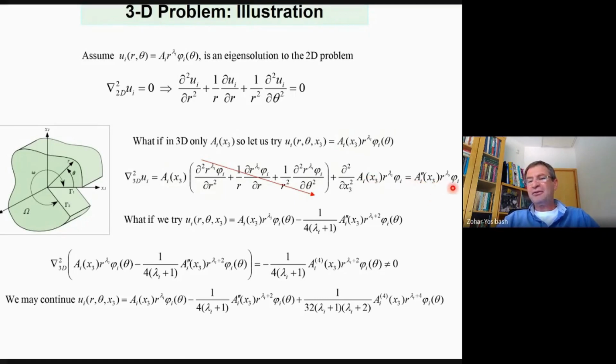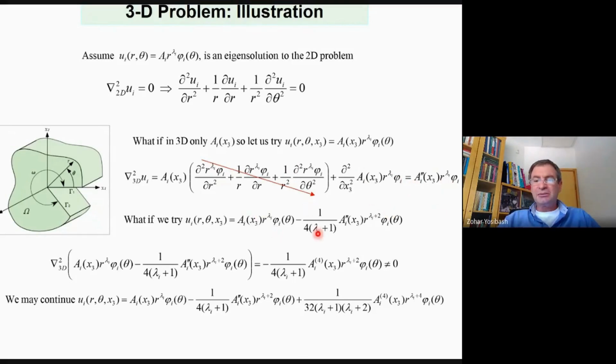I see that the leftover is the second derivative of that function, r to the lambda I. So I ask myself now, if I add to the 2D solution with this function here, another term with a minus, that when I plug it in, it will eliminate this term here. Maybe when I take the solution to be the sum of these two, maybe then when I plug them in, I will be able to satisfy the equation so that it will become 0.